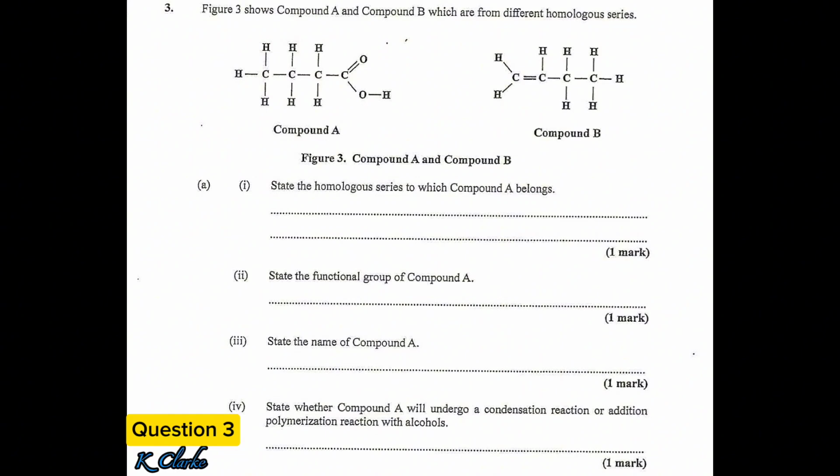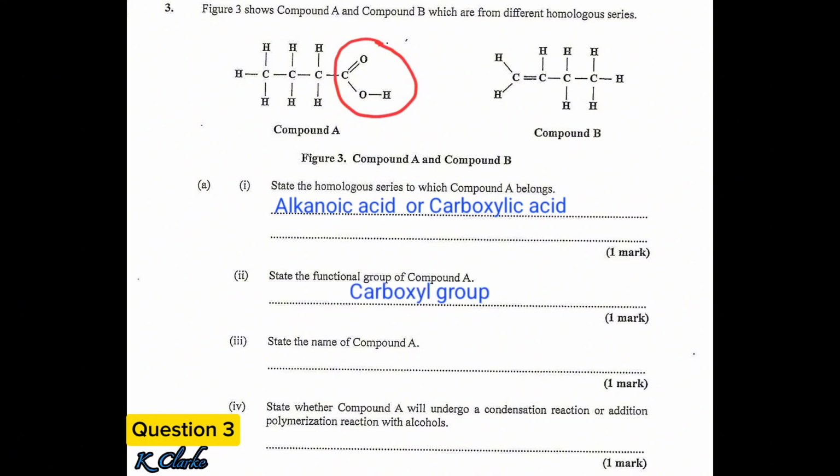Compound A has a carboxyl group, therefore it belongs to the alkanoic acid or carboxylic acid homologous series. Part 2. State the functional group of compound A. The answer, carboxyl group.